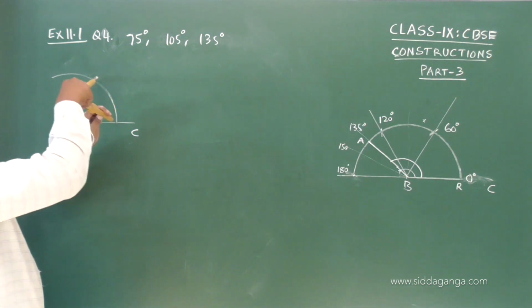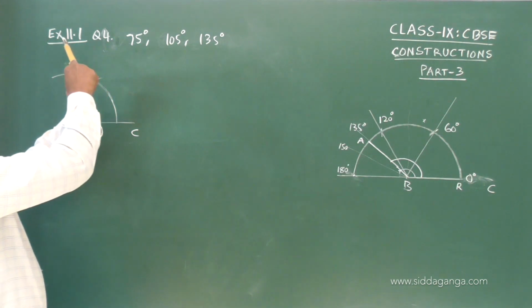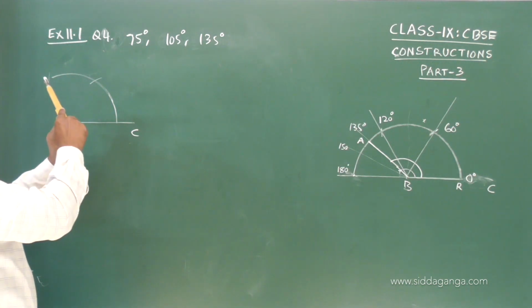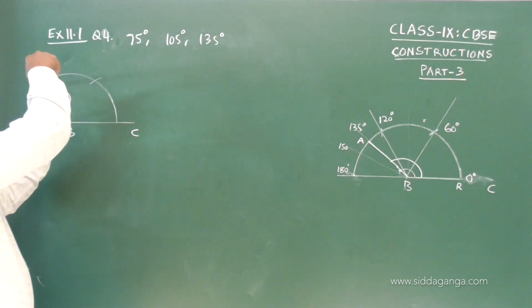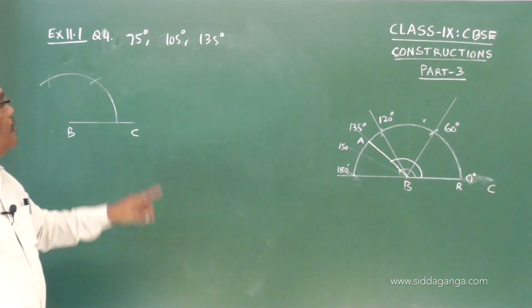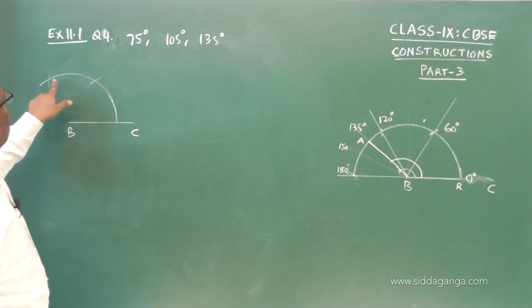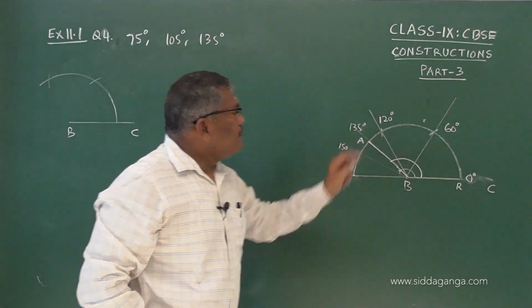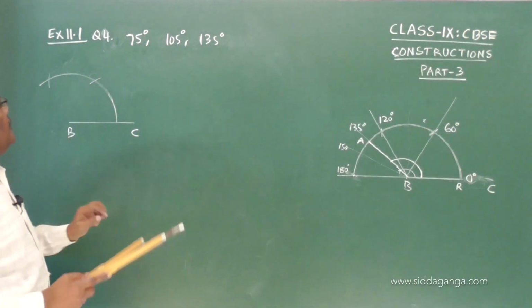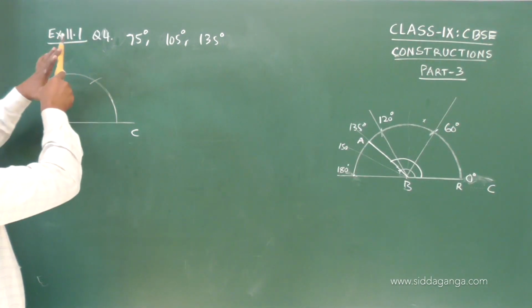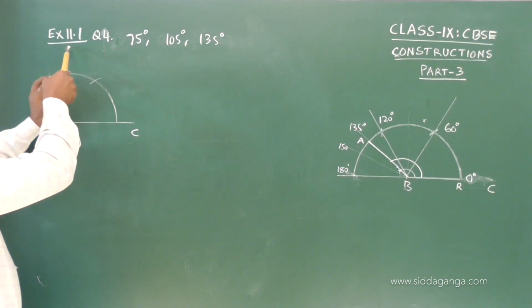You cut the arc at least at 2 points, so that we can get up to 75 degree. So you cut it like this. So this is 60 degree, this is 120 degree. You can see this figure, this is 60 degree, this is 120 degree. I want 75 means you bifurcate this angle. Slightly you can reduce this.